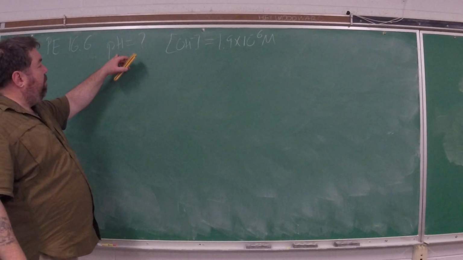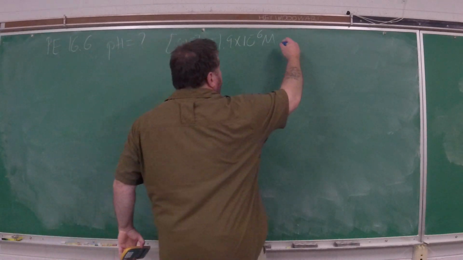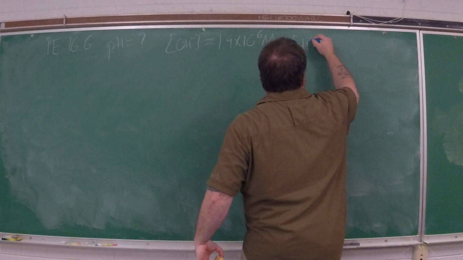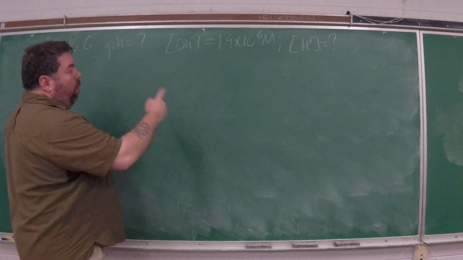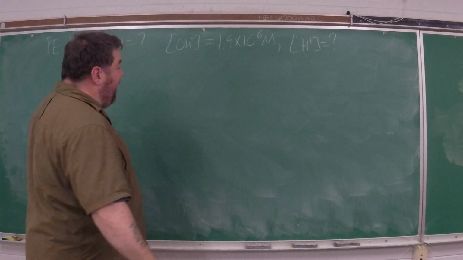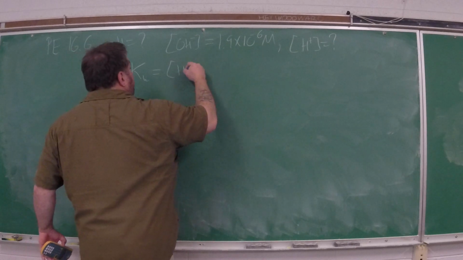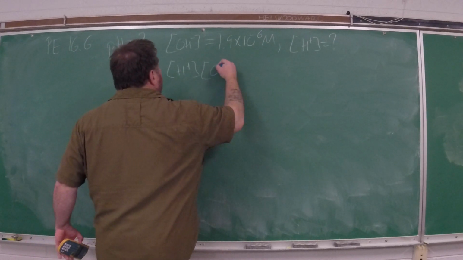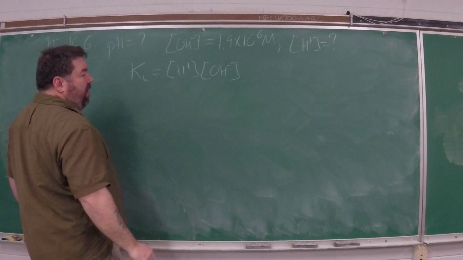So we want the pH. To get the pH, what do we need? We need the H plus concentration, correct? Well, we can use the autoionization constant to figure that out. We can go Kw equals the concentration of H plus times the concentration of OH minus, and then we're simply going to solve for the concentration of H plus.